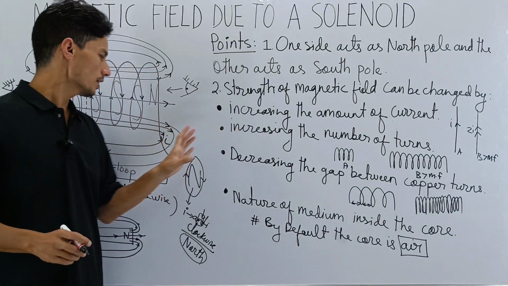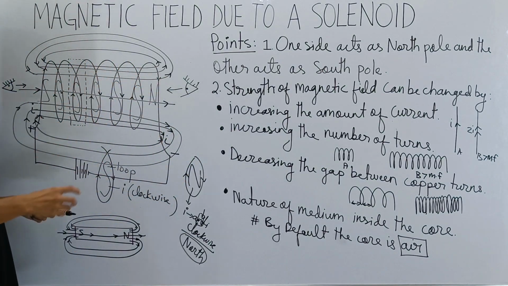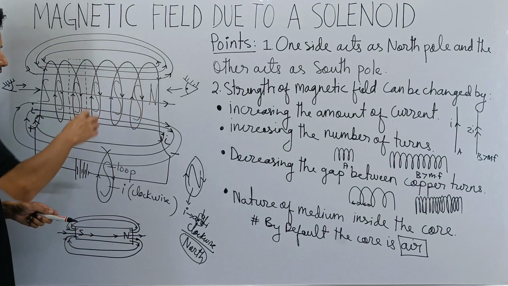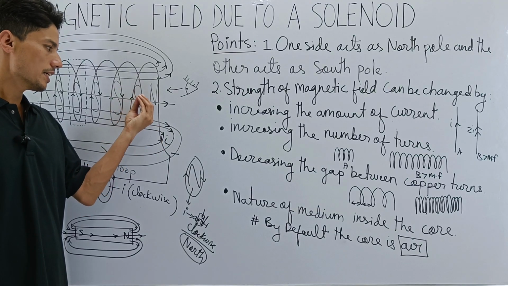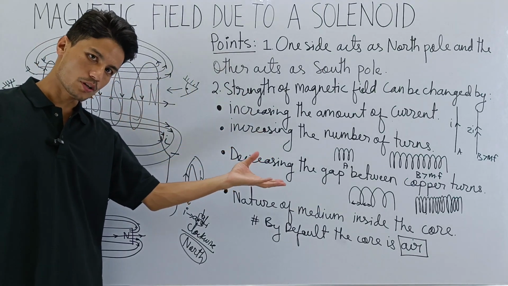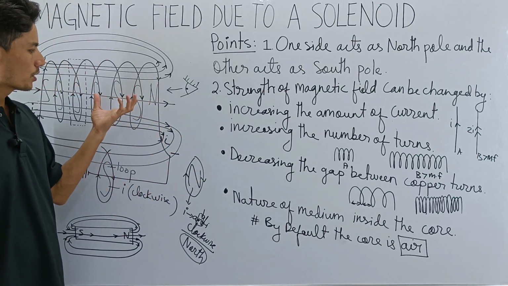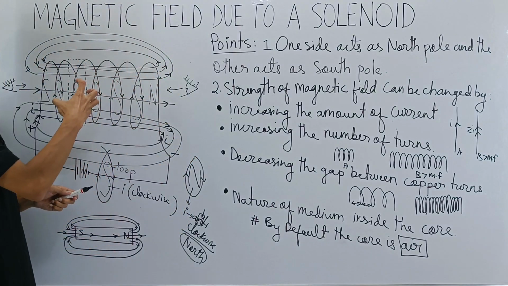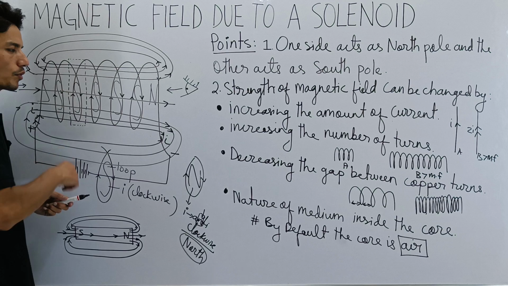In a solenoid the core is empty, but we can insert things inside the core. When we do, it becomes a totally different thing, which we'll be studying in the next video: an electromagnet. If the core is filled, with what are we filling?